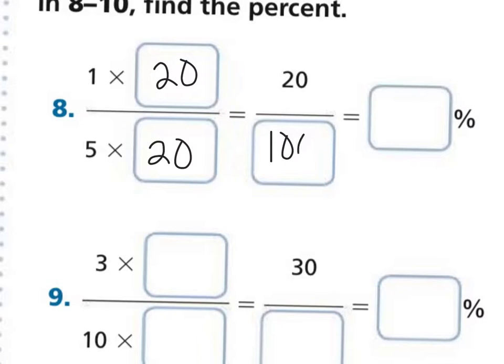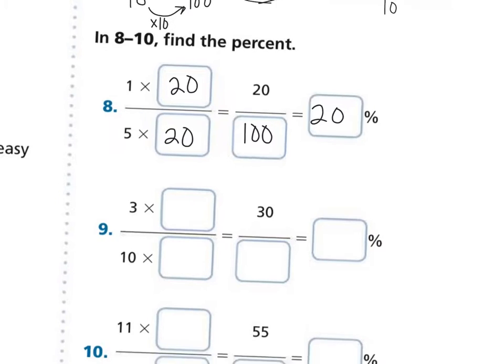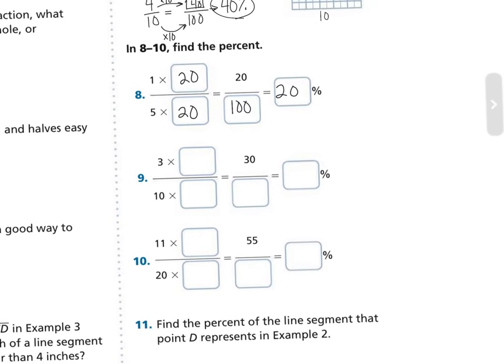We'll do that in the numerator and the denominator. That's 20 out of 100, which is 20%. The others followed a similar pattern. If you went through and did those, 9 would end up being 30%, and 10 would end up being 55%. Again, similar patterns to what we looked at.